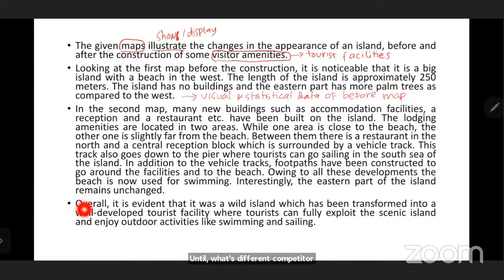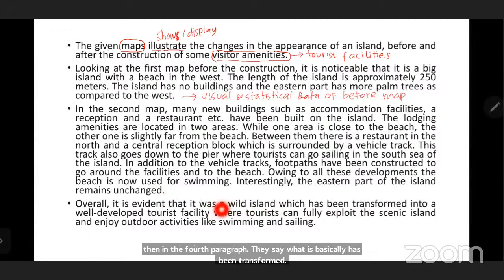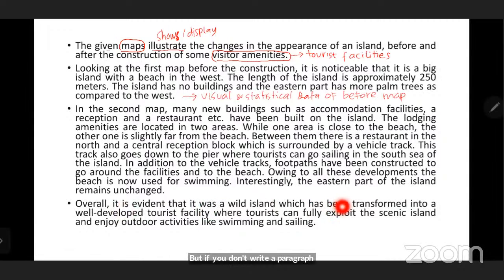And then in the fourth paragraph, they say what has basically been transformed. But if you don't write paragraph 4, it is still okay, because this is quite like a conclusion. Okay, so it's okay if you just write the introduction and then the first map and then the second map.